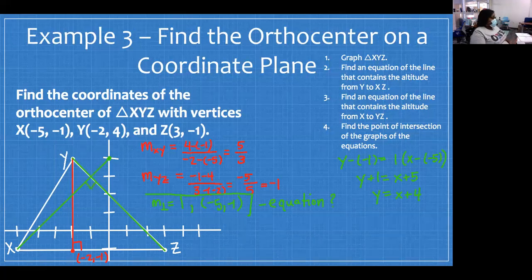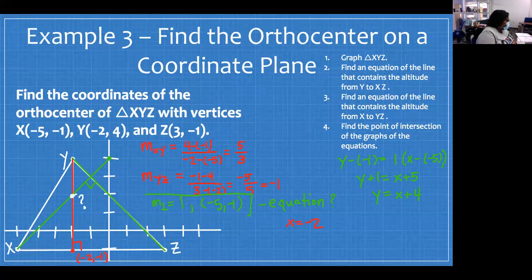And we're almost done. Now we need to know what the point is where the red line and the green line intersect, because that's going to be our orthocenter. Okay, so the red line is a vertical line, and a vertical line that is at, get red, x equals -2.